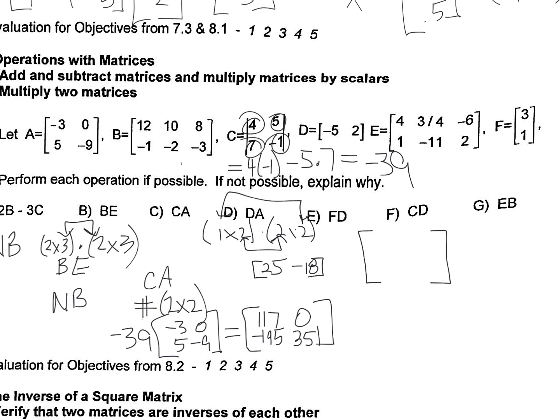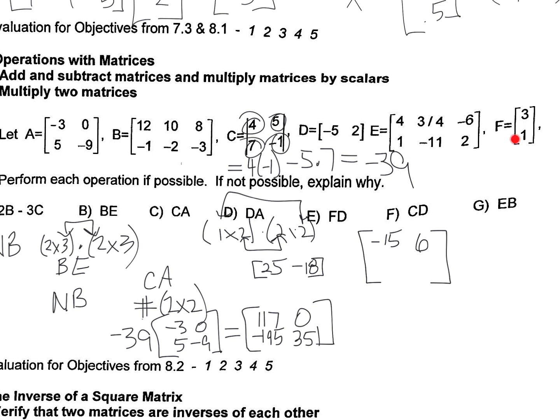So for F, row 1 times column 1, it's just 3 times negative 5 is negative 15. Then we are doing row 1 times column 2, and that's just 3 times 2 is 6.